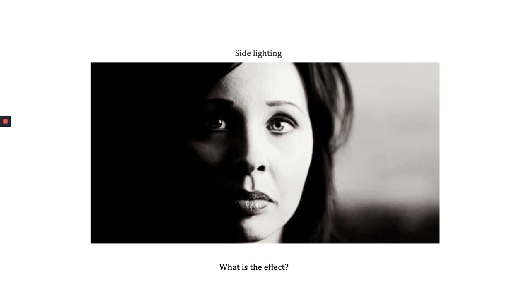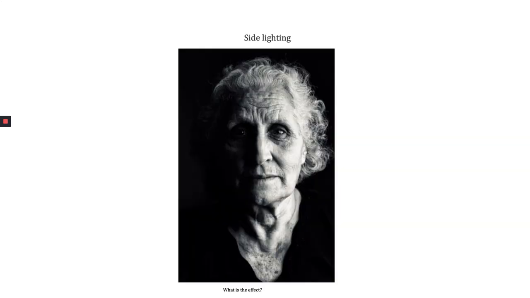Or there's a problem that this person is going through. Or this one here, again, strong side lighting casting that deep shadow on the left-hand side of the image creates more of a sense of her trouble. We can see all of the wrinkles that she has, sense this conflicted life, this full life that she's lived.